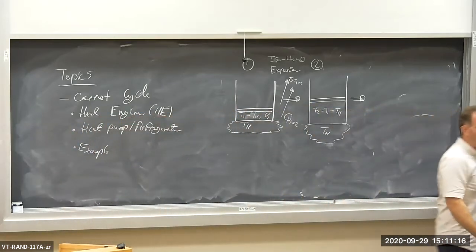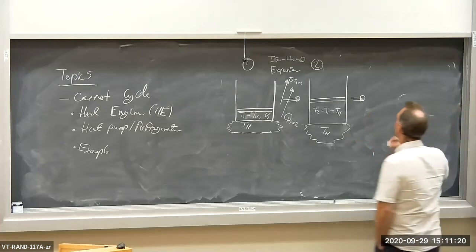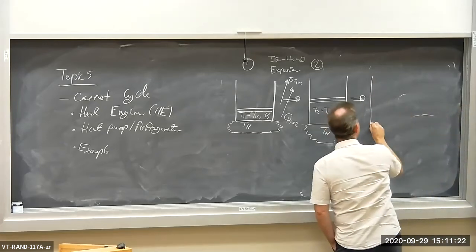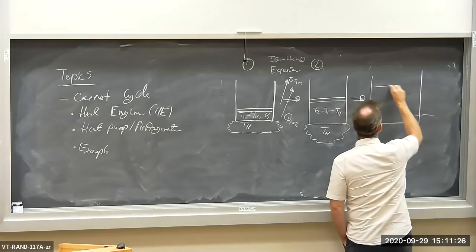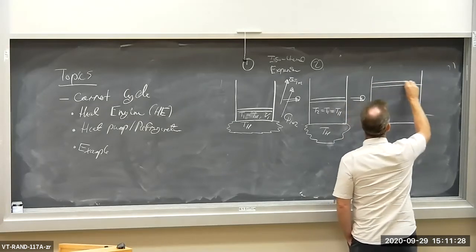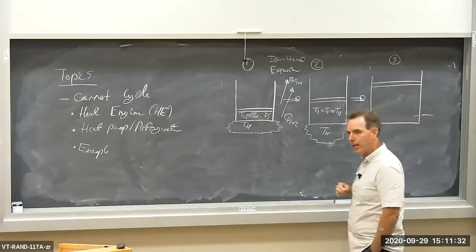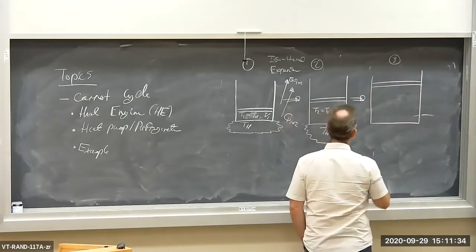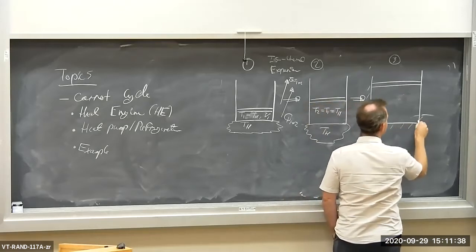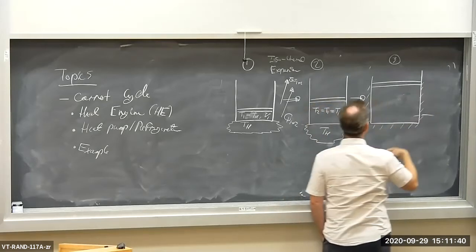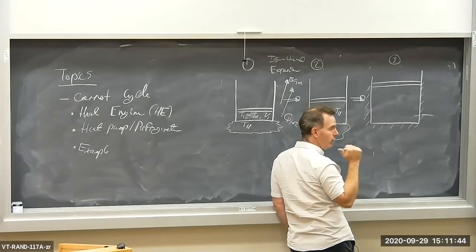Now let's take away the reservoir completely. Let's take away the reservoir and expand our piston cylinder, our air in our piston cylinder device, even further. Take away the reservoir, and let's wrap insulation around this thing. So let's expand adiabatically, no heat transfer.